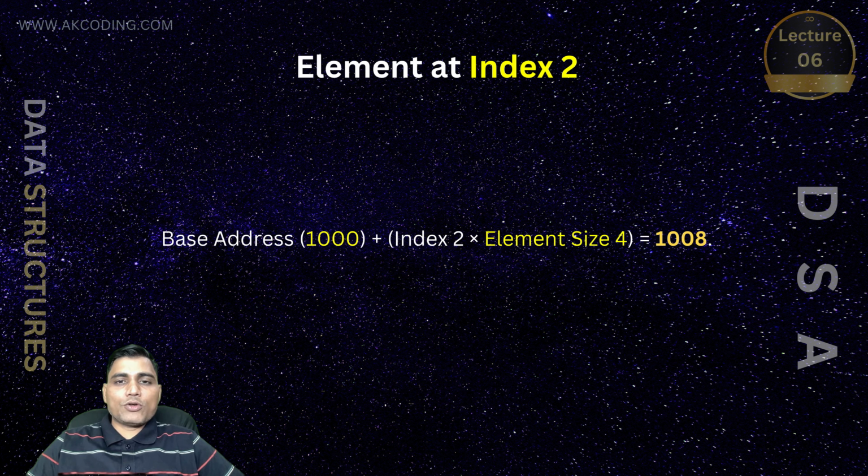Alright, what about multidimensional arrays like 2D arrays? Think of these as arrays within arrays, like rows and columns in a table. But even though it looks like a grid, it is still stored linearly in memory.